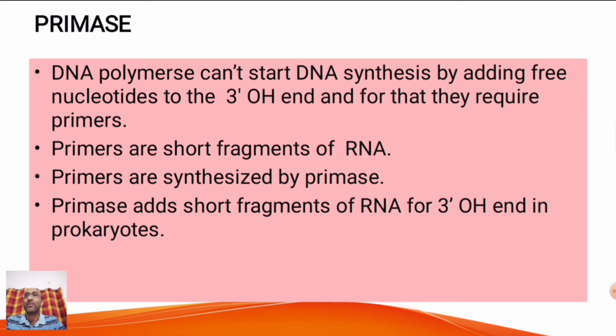So it requires certain primers for that purpose. What are those primers? Those are short fragments of RNA. These primers are synthesized by the primase enzyme. So primase adds short fragments of RNA providing the 3'-OH end in prokaryotes. Got it?